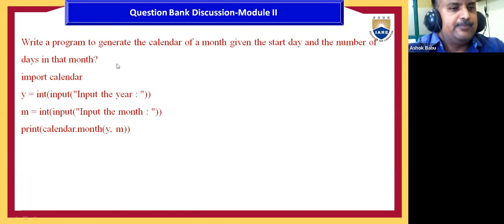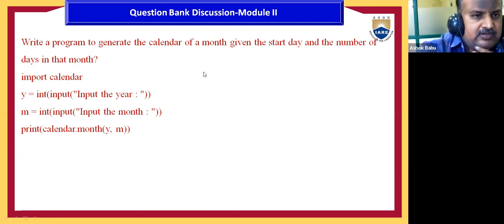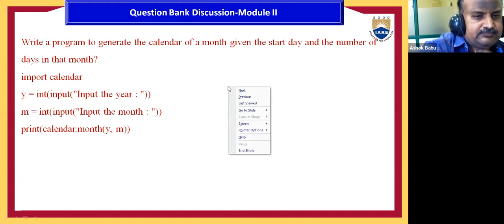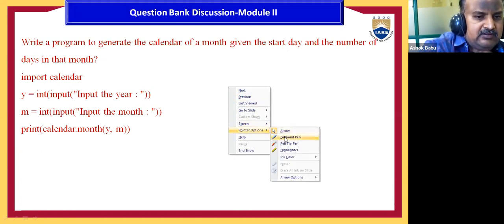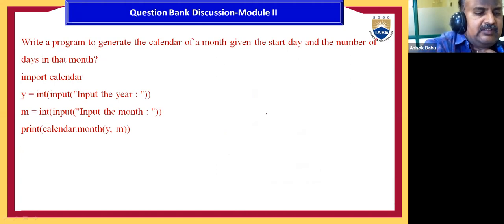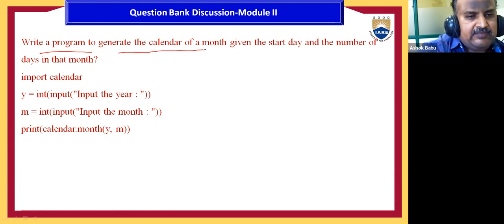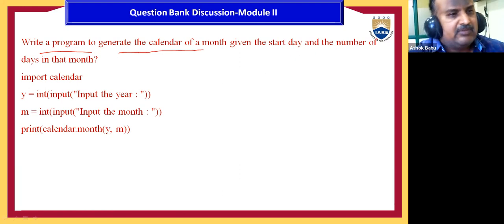Write a program to generate the calendar of a month, given the start date and the number of days in that month. Please note the problem. It is a simple one: we need to print the calendar of a particular month. Write a Python program to generate the calendar of a month, given the start date and the number of days in the month.